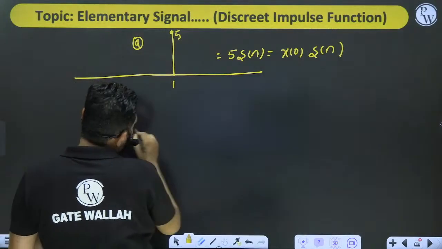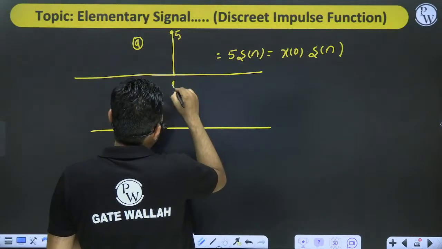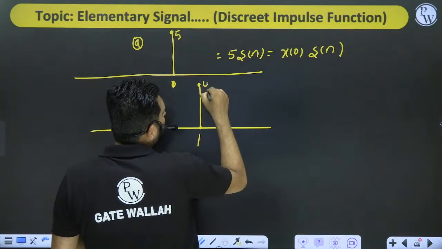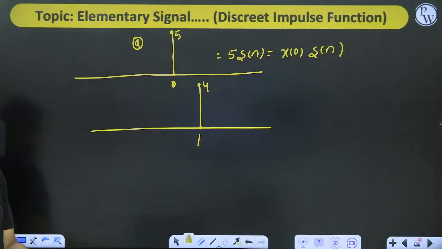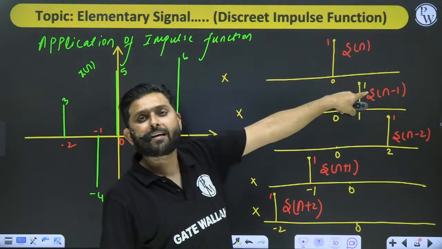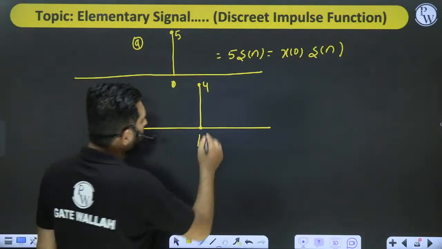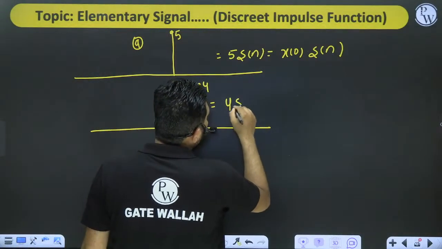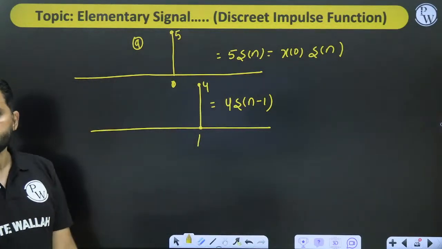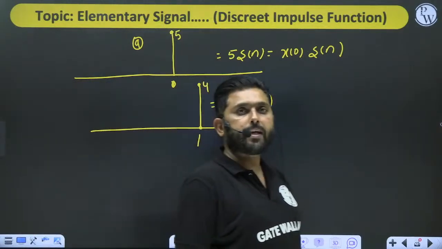What is the second result that I will get? At 1, I will get 4. This is 4 at 1, and this is 1 at 1. So 4 into 1 is 4. So you will write this as 4 delta n minus 1.